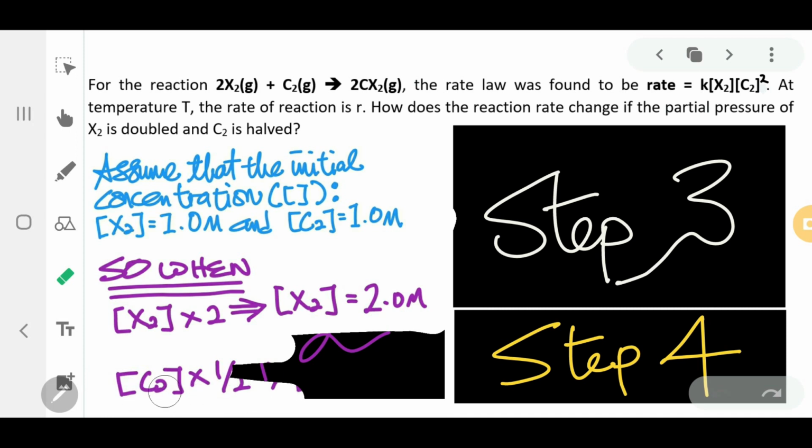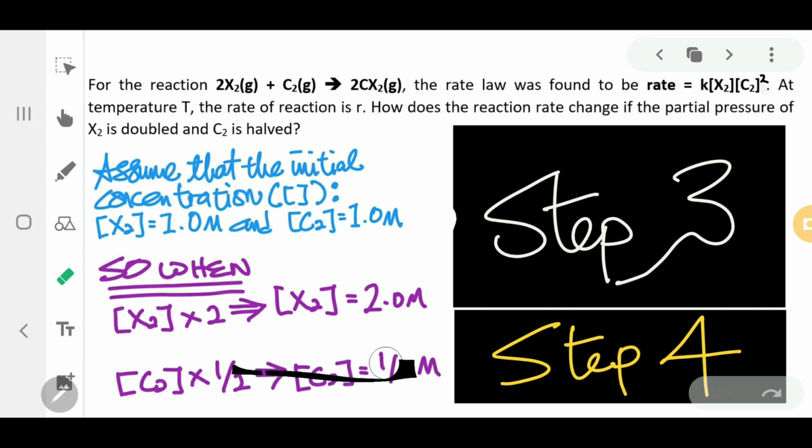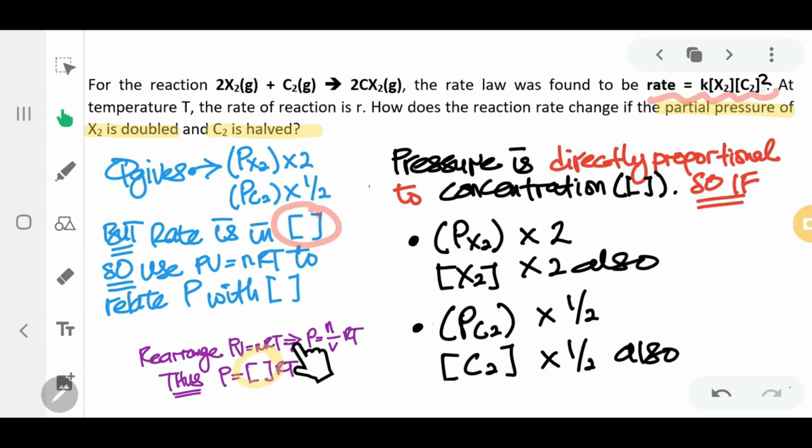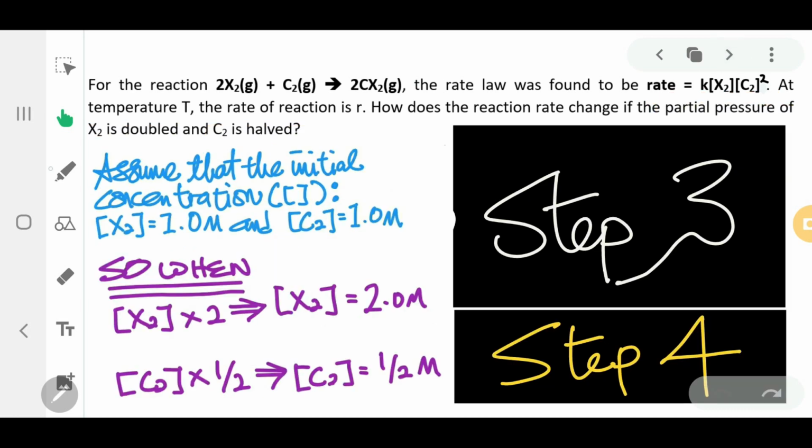And the concentration of C2 gas, if the partial pressure of C2 gas is halved, then the concentration will also be halved. Okay, and it's all because of this relationship.